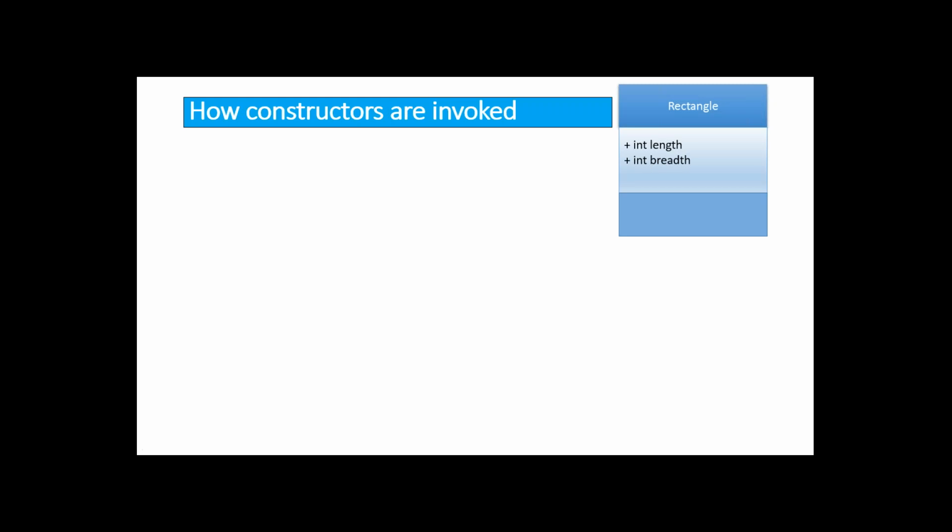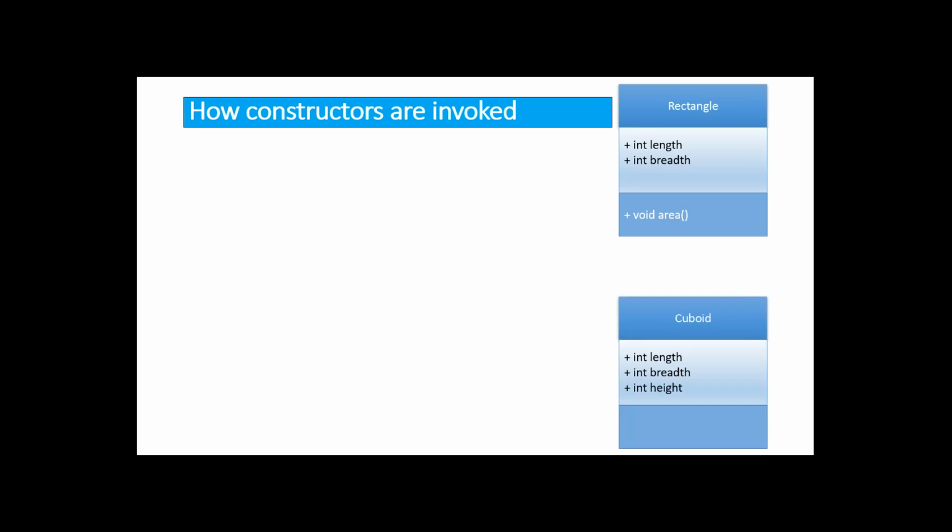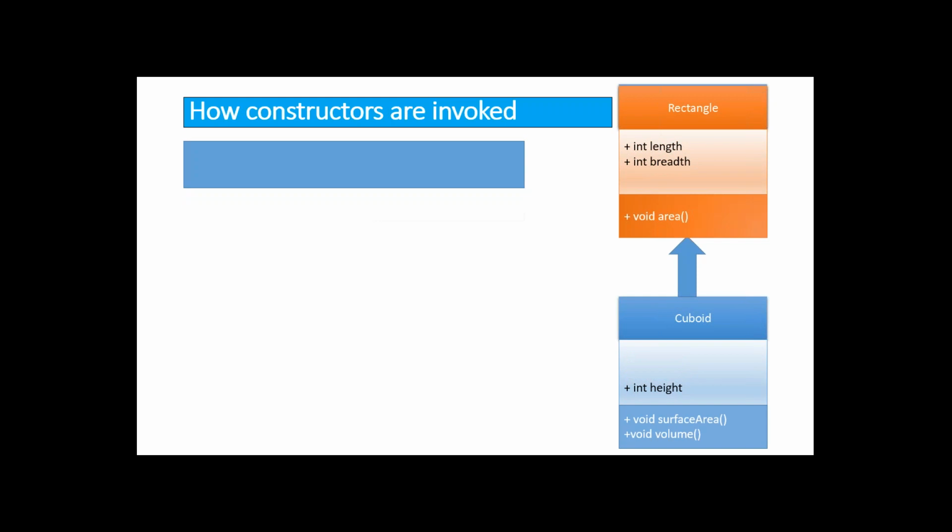You've got a class called rectangle, and then a class called cuboid. Now cuboid extends from rectangle. So let us understand how the objects are created.